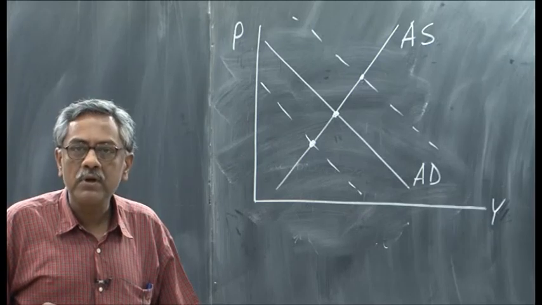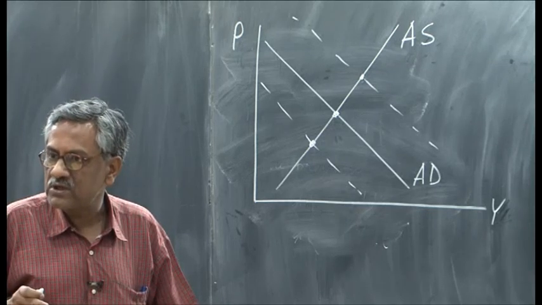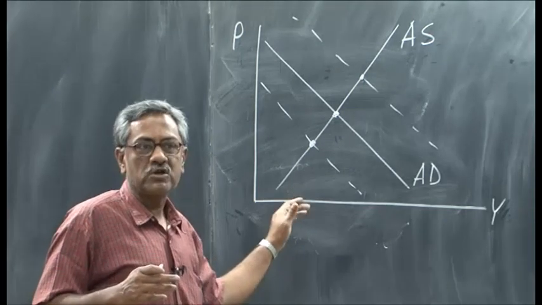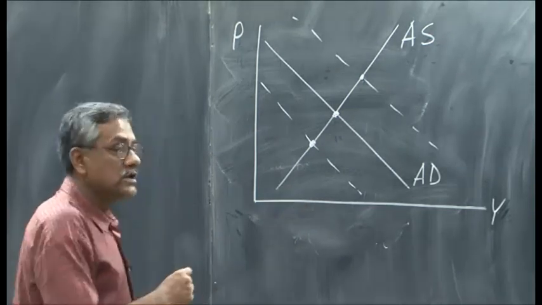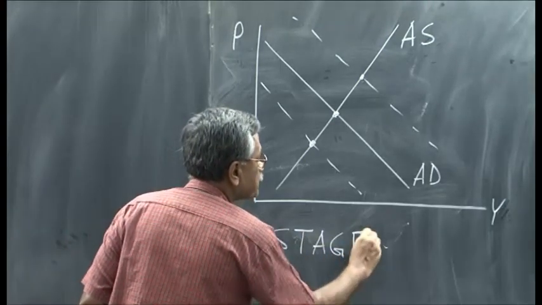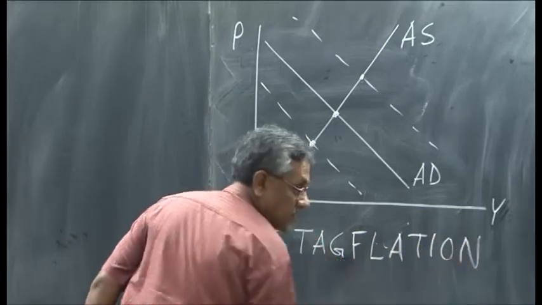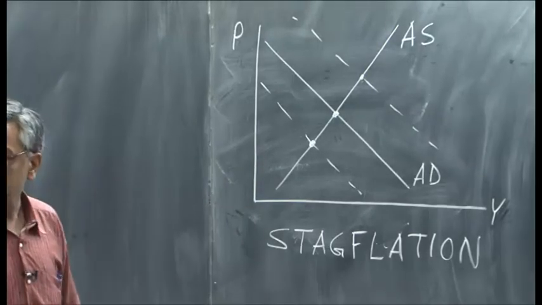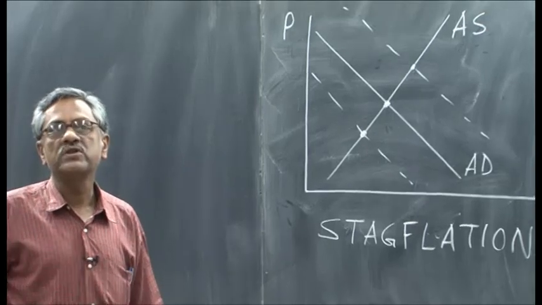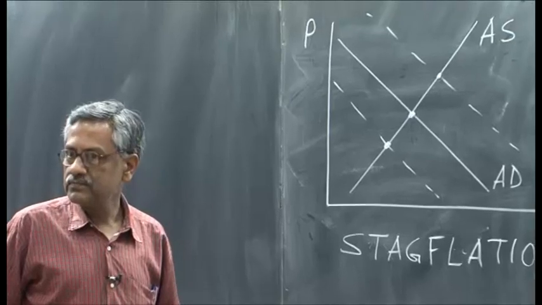So you will not be able to manage both the inflation and unemployment problem with demand management policy if you have a situation where falling output level is associated with rising prices, which we called stagflation. That's the word we used. So we need to see what happened therefore. The macroeconomic theory changed, because you can see the solution therefore will have to come from the supply curves, supply management, not demand side.